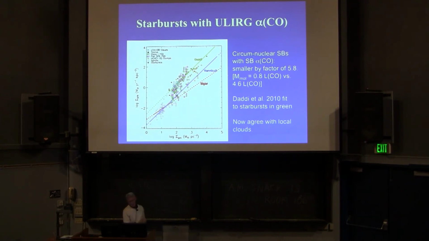And this green plot is from Dadi's work on starburst galaxies, in which he notes that you need to use a lower value of the CO conversion factor in starburst regions. When you do that, of course, the points shift to the left in the plot. He fit those starburst galaxies, which are the black dots, and we just put our data on top of that. It looks like even the dense parts of the local clouds look more like those starbursts.